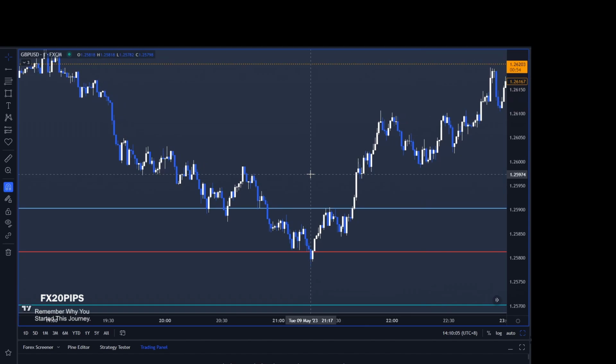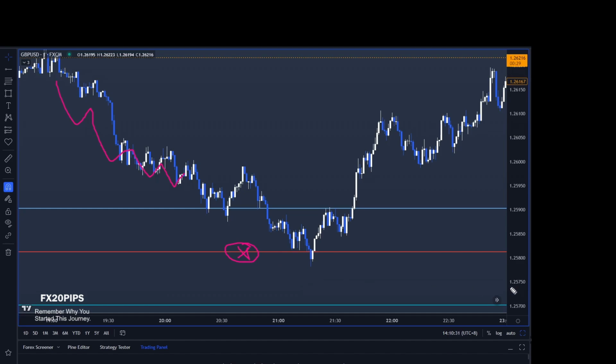Okay, and this was at 9:17 GMT plus 8 my time. All right. Now, yesterday the price was coming down. Okay, we don't have to do anything until the price come to our area of concern, which is this red line here.